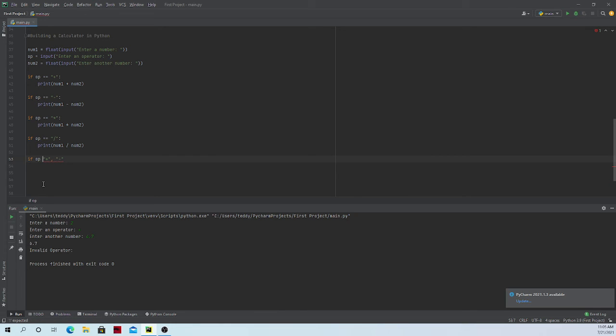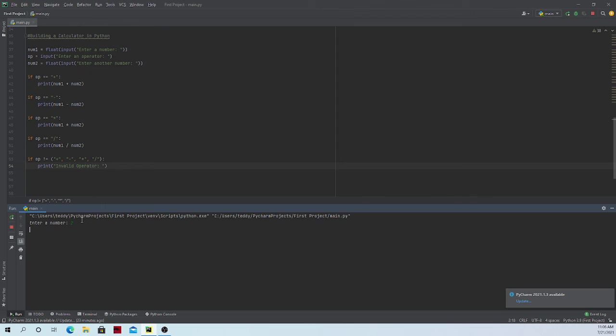I think if operator does not equal plus, comma, minus, comma, times, comma, divide, print invalid operator. So now this should work, because we're saying if our operator doesn't equal plus, minus, times, or divide, then we'll print an invalid operator.